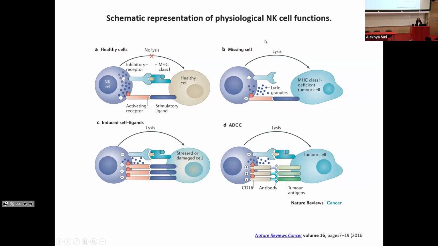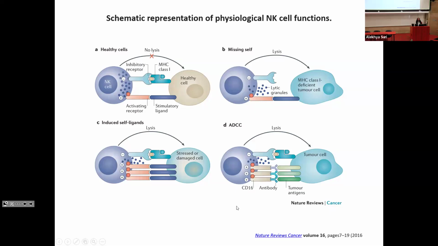So the mechanism of how these NK cells recognize the antigen is that normally there is MHC class I on a healthy cell, and there are inhibitory receptors on NK cells, and they are unable to activate and kill the healthy cell. But in a tumor cell, or cells that are sometimes virally infected, this MHC class I molecule is downregulated, and now this inhibitory receptor can no longer function as an inhibitory receptor, and the activating receptor is able to get activated and release these lytic granules, which can then kill the target cell.